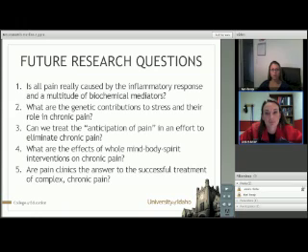Number four, what are the effects of whole mind, body, spirit interventions on chronic pain? There are several ways to look at this. A study by Trout used the Neuromatrix theory for women in labor and advocated the use of midwives to look at different components in what causes pain during labor, such as previous experiences, and how they could treat that.